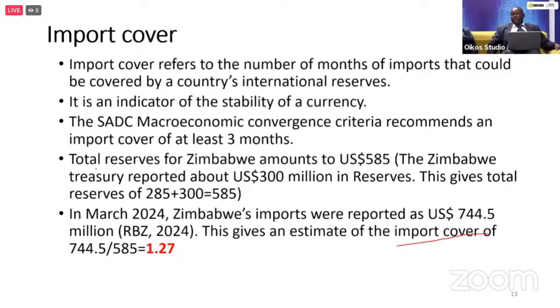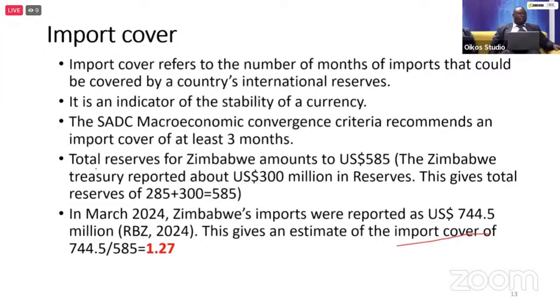So I'm sure they were not lying, isn't it? So this gives a total reserves of 285 plus 300, that's 585.